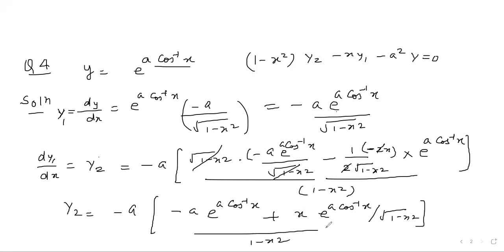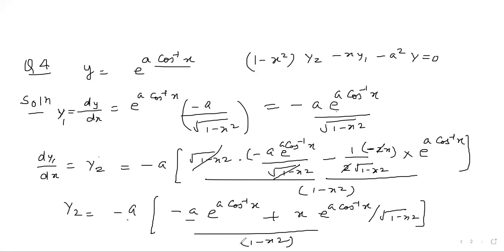Now, what we can do is we can open the bracket. So when we open the bracket, this minus a will get multiplied to this minus a. So we will get a square e to the power a cos inverse x minus a x e to the power a cos inverse x divided by root of 1 minus x square, whole divided by 1 minus x square.